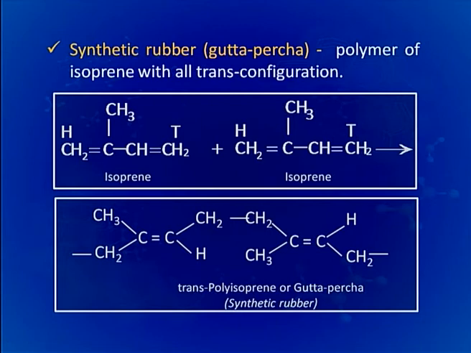This is also a homopolymer, with the same repeating unit throughout, but here addition is taking place in the trans manner. Across this double bond the smaller group methyl is on one side of the double bond, and the other smaller group H is on the other side. So, this is trans configuration and this is synthetic rubber.